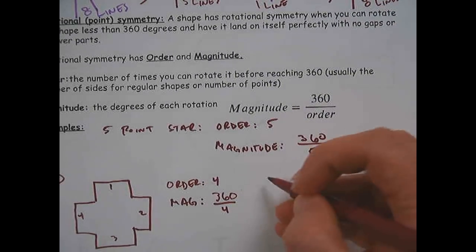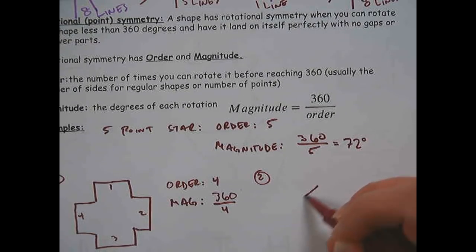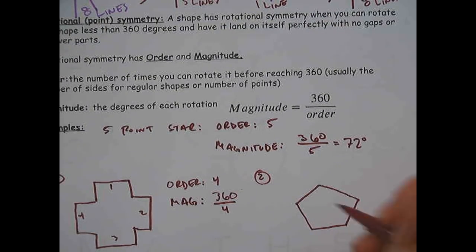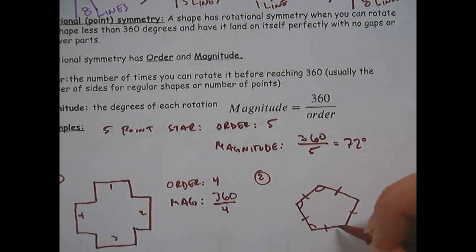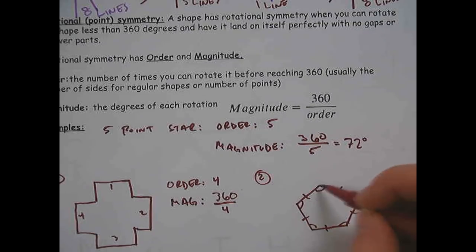Another one that we're going to do is a little bit more generic. You can take regular polygons, like I've got a regular pentagon. We know it's regular because the sides are the same and the angles are the same. A regular polygon is going to have the same order of rotational symmetry as it has points.